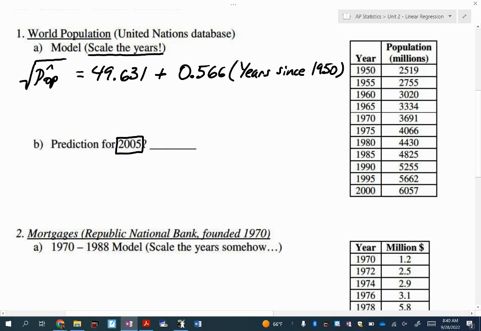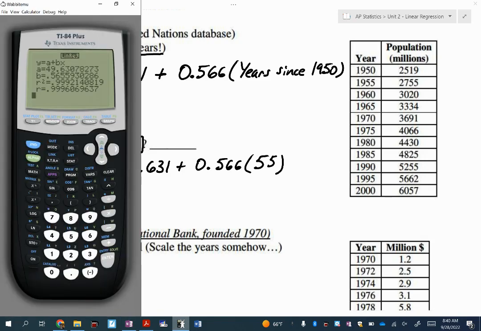So I'll be doing the square root of pop hat equals 49, again, I know this is rounded, but my calculator is not going to use any rounding, times years since 1950 would be 55. All right, so let's go into the calculator, and I'm going to hit vars, Y-vars, function, Y1, right? That's where I put it, and I want to evaluate this at 55.